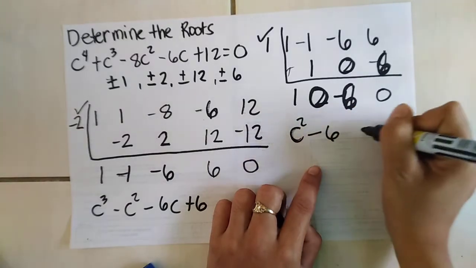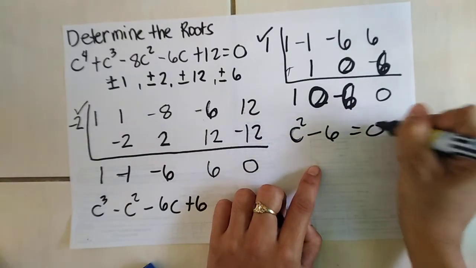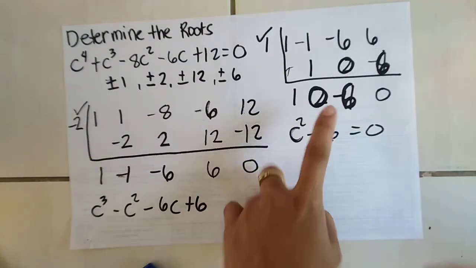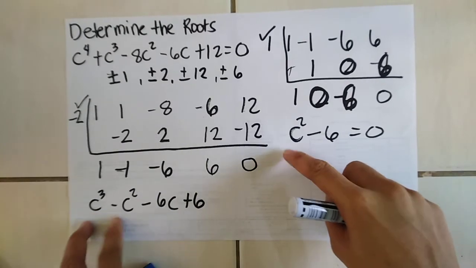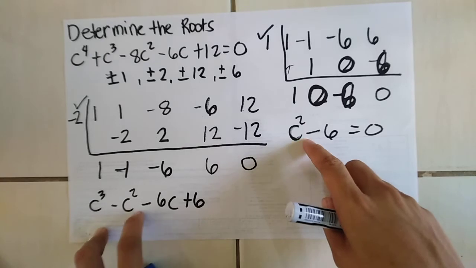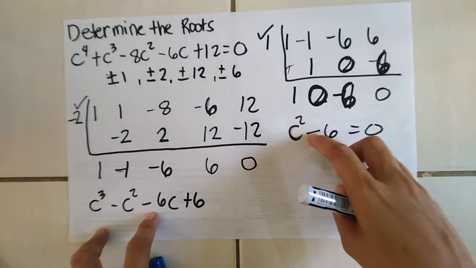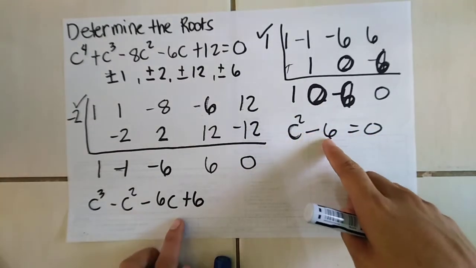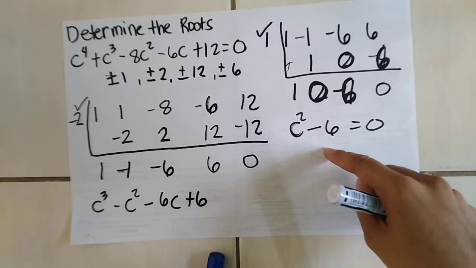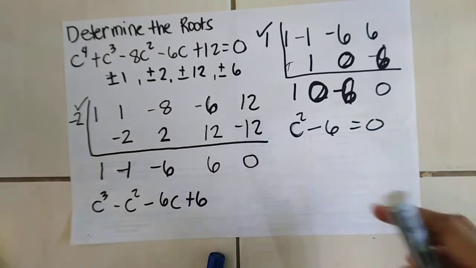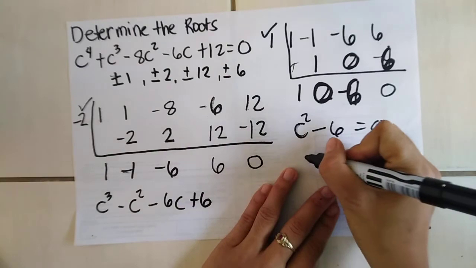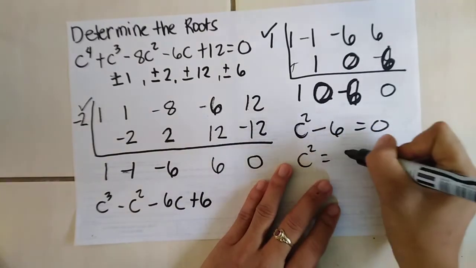Why is there no c term? Because it is 0. Since it is 0, we no longer write it. So we have c squared minus 6. We will use extracting square roots. This becomes c squared equals positive 6.